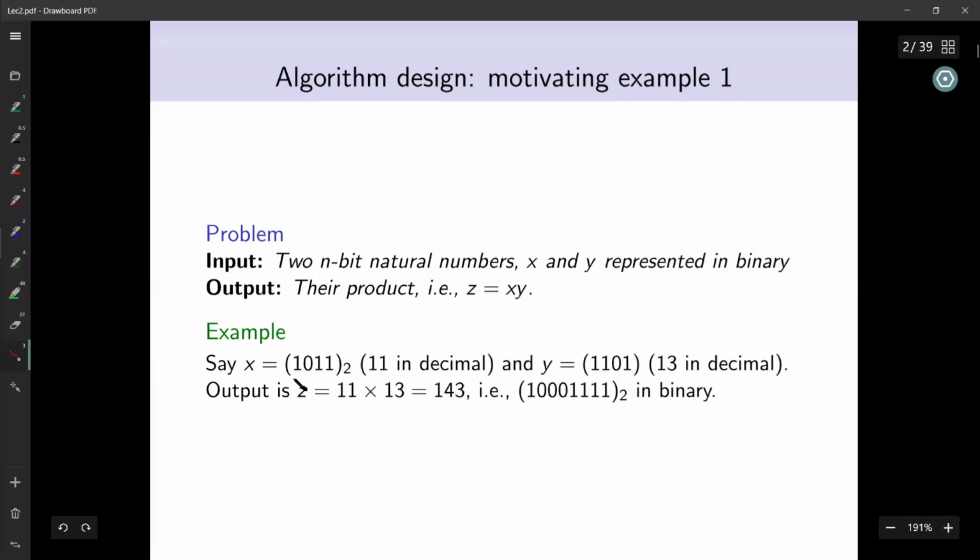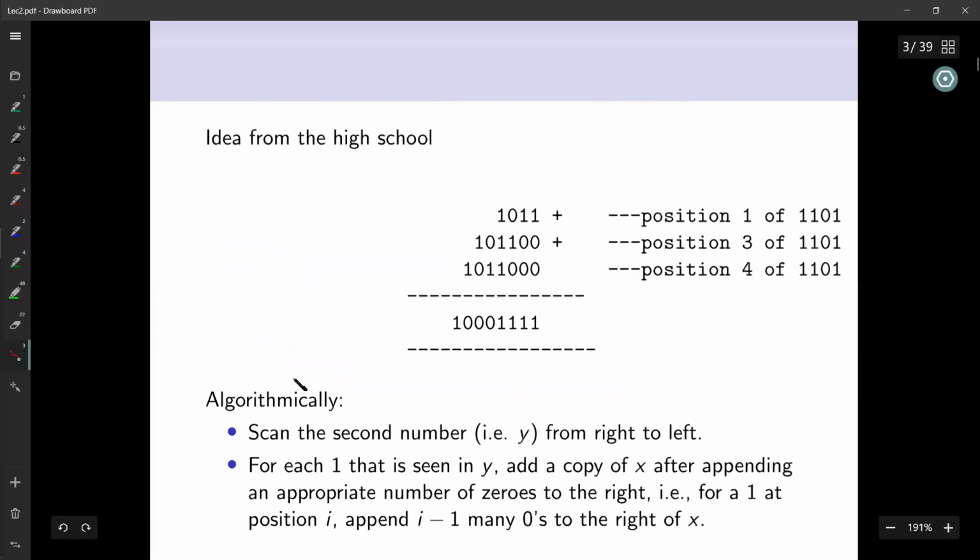We scan the second number from right to left, and we look for positions where the digit is 1. So position 1, position 3, position 4. For position 1 of 1101, we put a copy of the other number, which is 1011.